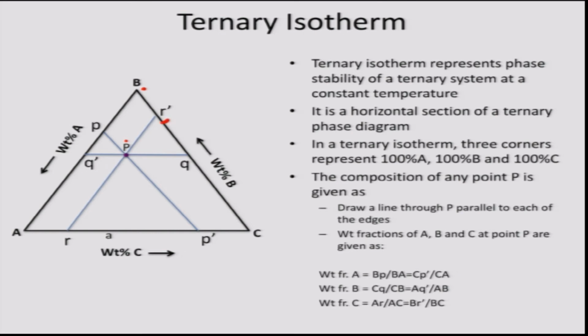There are only 2 independent variables. So, the third concentration need not be evaluated this way, because it would simply be a dependent variable. The concentration of C can also be evaluated as 1 minus the weight fraction of A minus the weight fraction of B. For ease of reading, the sides of the Gibbs triangle are usually divided in equal divisions, so that we can mark the compositions easily.